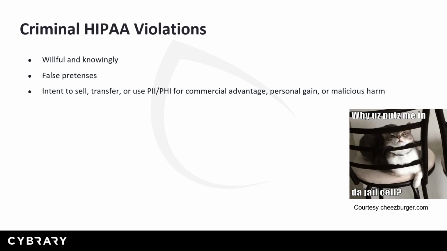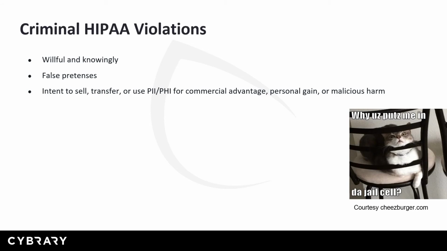So let's just talk about HIPAA criminal violations here. For entities that are covered and also specified individuals who obtain or disclose protected health information willfully and knowingly, the penalty can be up to $50,000 and imprisonment up to 1 year.